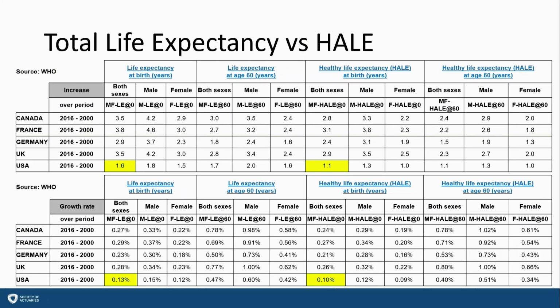I wouldn't draw too large conclusions out of this, but basically what I highlighted in yellow says that for a healthy life expectancy, over a 16-year period in the US, the WHO evaluated that it increased by 1.1 versus 1.6 in total. It gives you a hint that there might be some mortality improvement coming from the impaired lives, which you can reason. You can say that obviously new medication, new medical treatments, diabetes drugs, cardiovascular disease drugs, all these things help people to live longer.